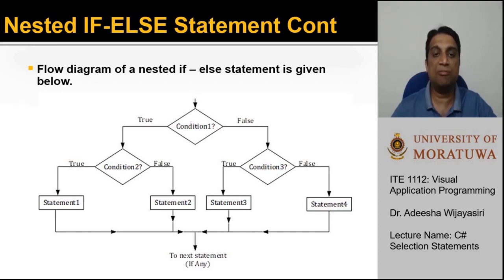If the first if clause is evaluated to be false, then execution will move to the nested if else in the else clause. Based on the condition value there, statement 3 or statement 4 will be executed, and this process will continue for every nested if else clause.